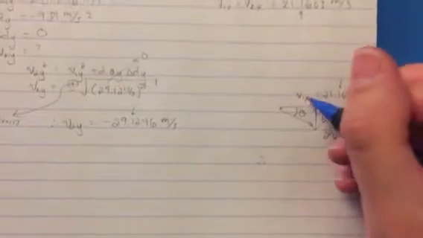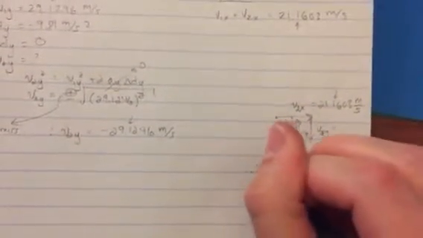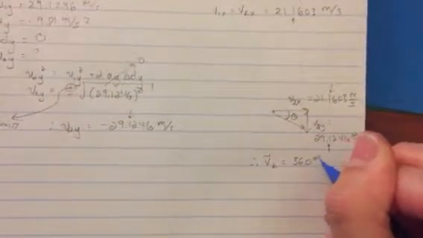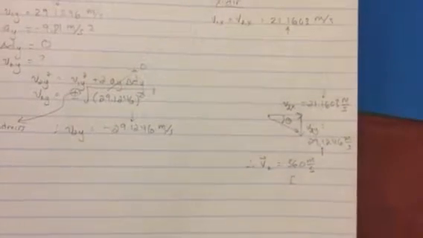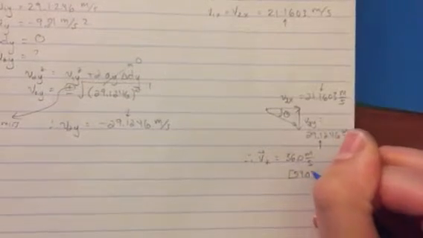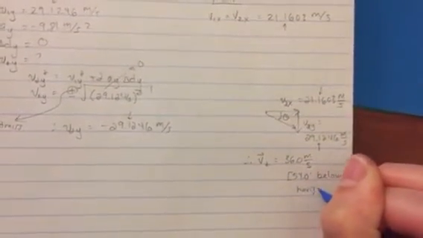Therefore, actually I should change this. This should say V2. V2 has to be 36 meters per second. And this time I didn't leave enough room for direction. It's going to be 54 degrees below the horizontal.